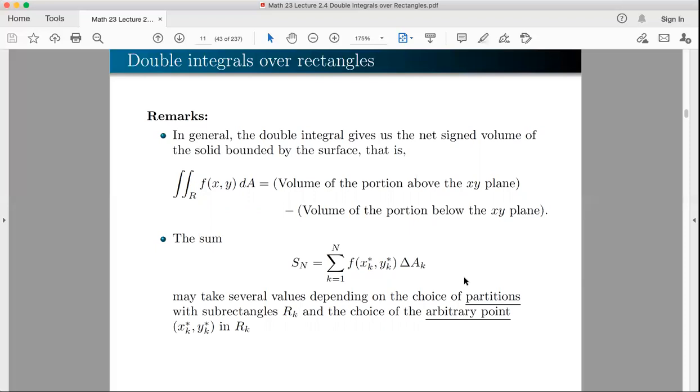For instance, you can take a sequence of subrectangles going horizontally, then up horizontally again, or you can go vertically, then down vertically, then up vertically as you move from one column to the other. So you may have different values for your Sn. The important thing is the totality of it. The totality will give you the same value.